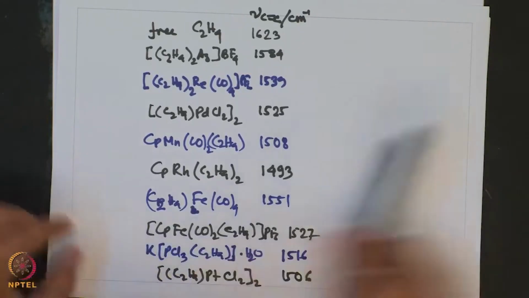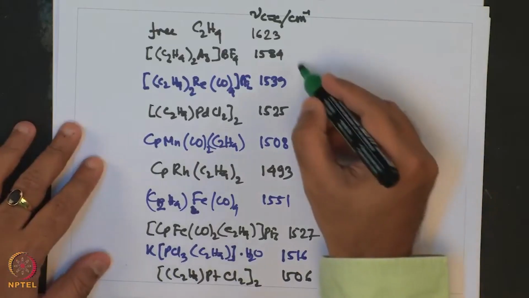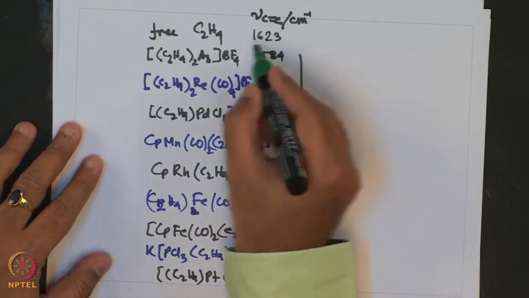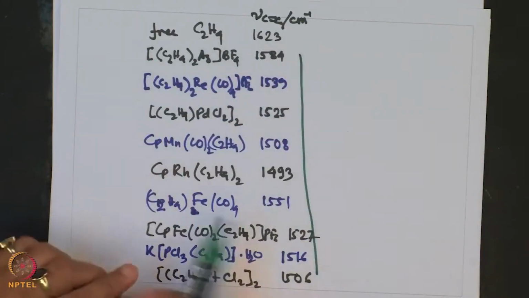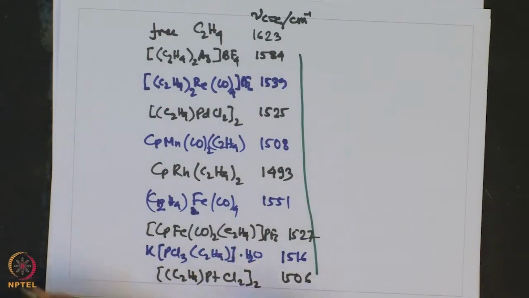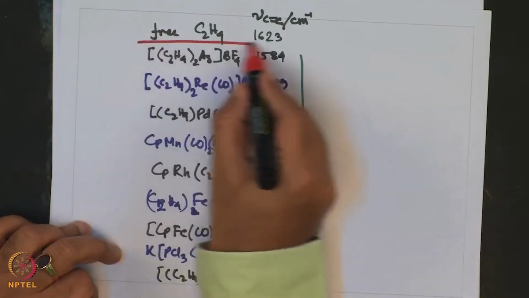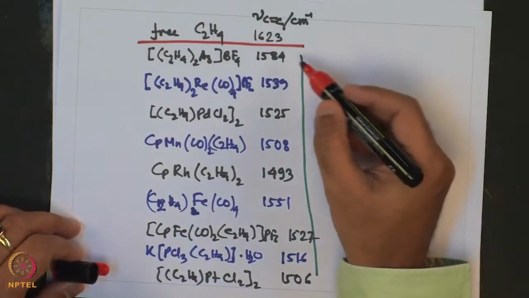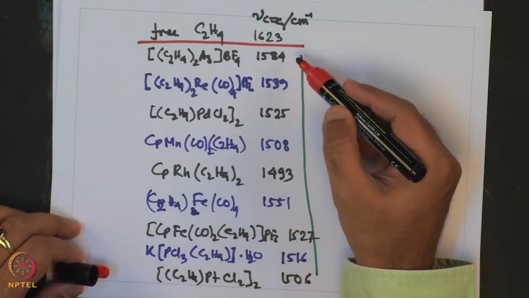Now, what we see is that all of these are starkly at lower energy than that of the free alkene, which is at much higher energy.